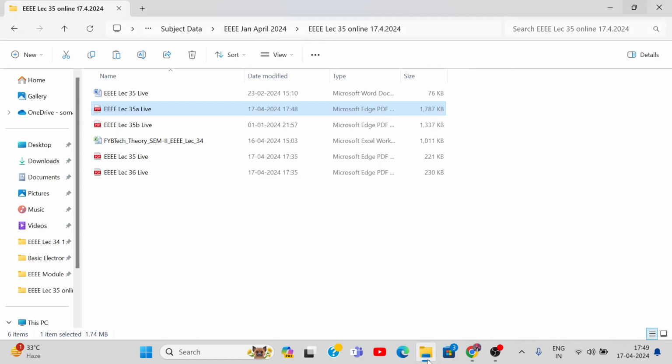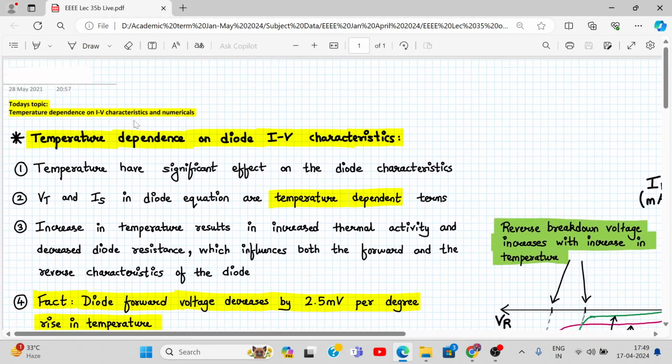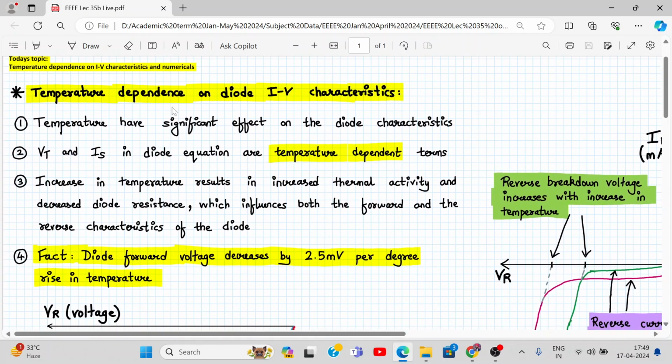Okay, so let's open that PDF. So this is 35 number B. Write down the topic, temperature dependence on the diode IV characteristics. Temperature actually significantly affects the diode IV characteristics.